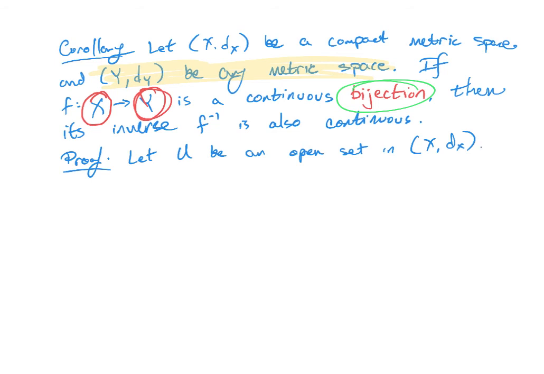I'm going to have to rush through this proof a little bit because we've only got 3 minutes. But we want to prove that F inverse is continuous. So we want to take an open set in the domain that's in X, and I'll write it down, we want to show that that thing is open in the codomain.